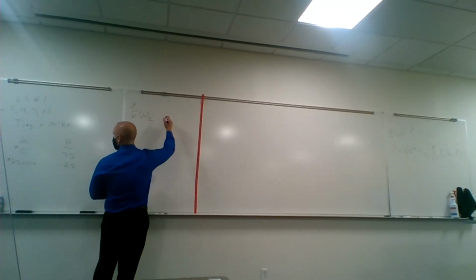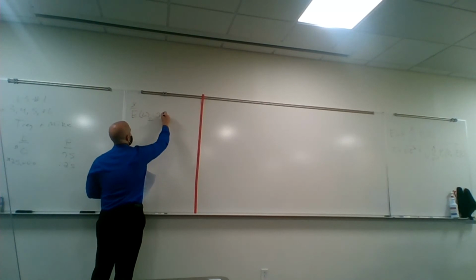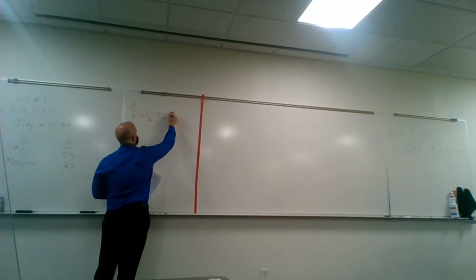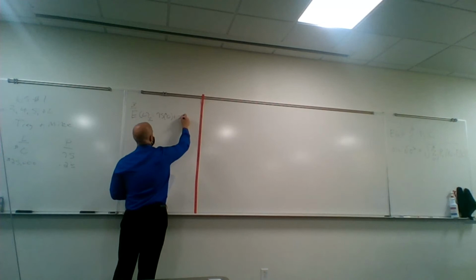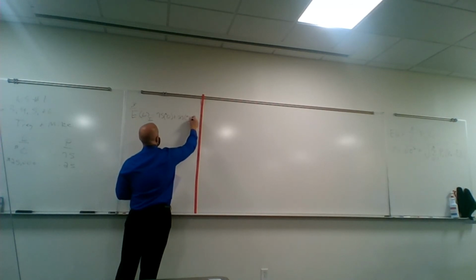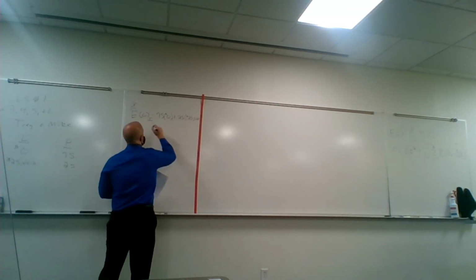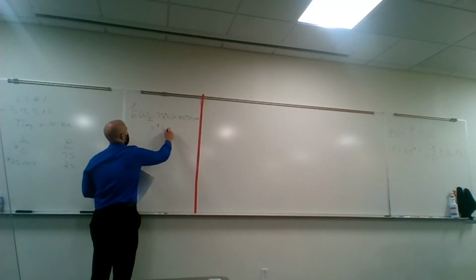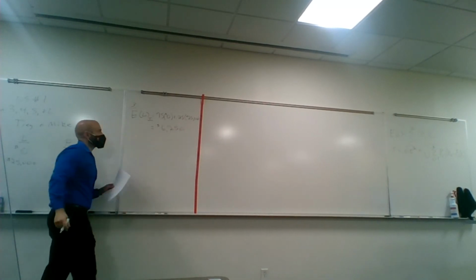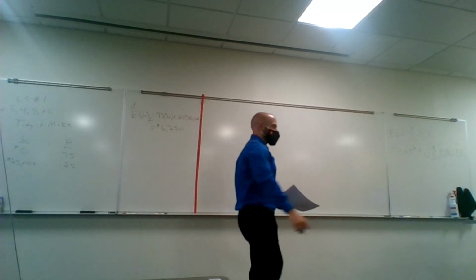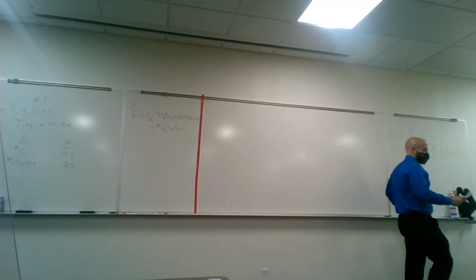So we have a 75% chance of a $0 loss, plus a 25% chance of that $25,000 loss. And I believe if you do that, you get $6,250.